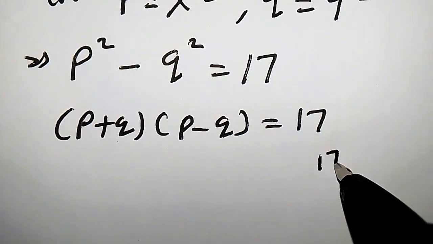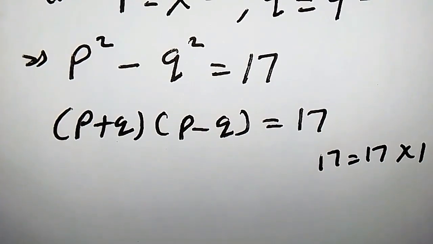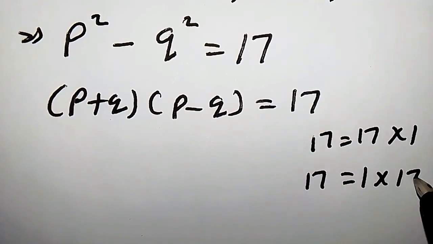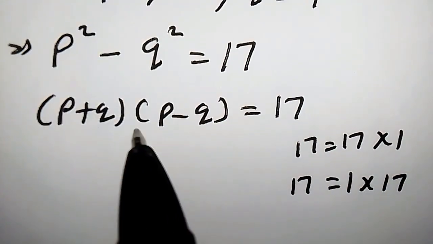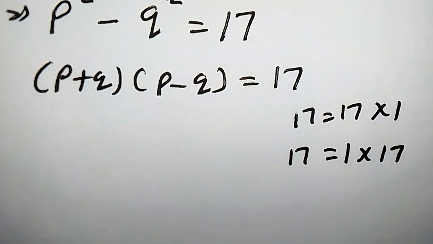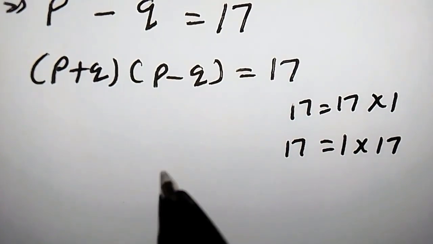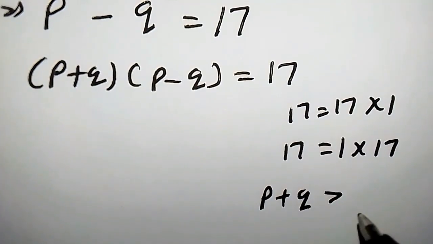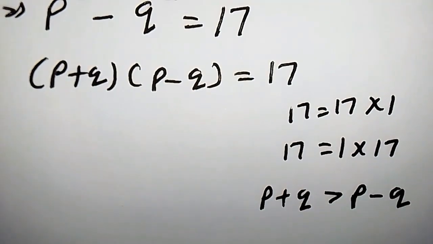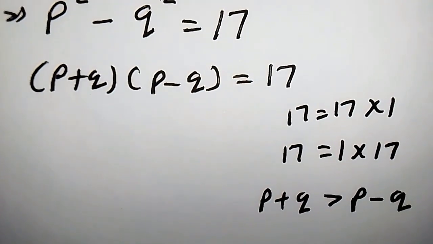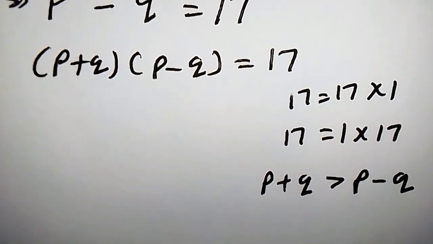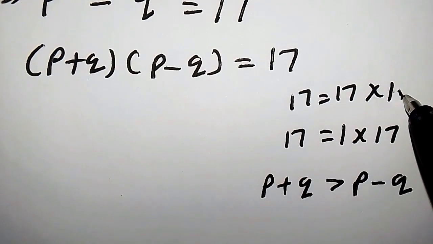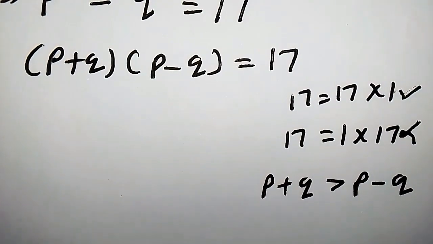17 could be written as 17 times 1. We can also write 17 as 1 times 17. Now, let us consider the left hand side. It is very obvious that p plus q is greater than p minus q. That means for a good comparison, we have to consider 17 equals 17 times 1 and ignore this.